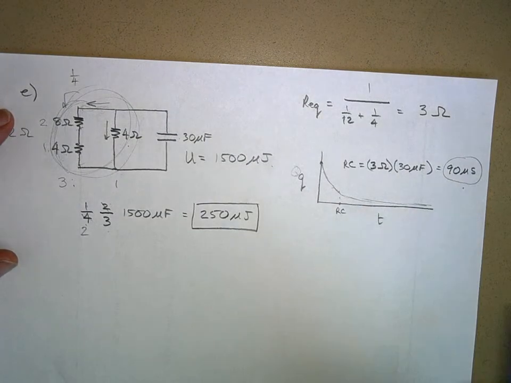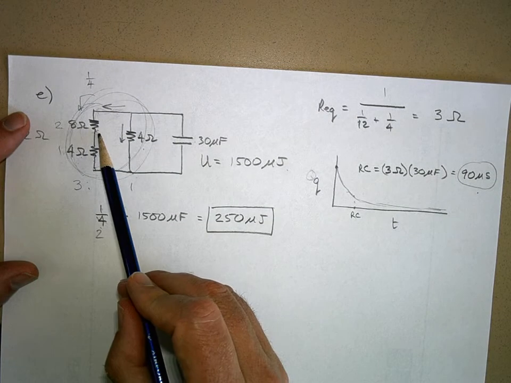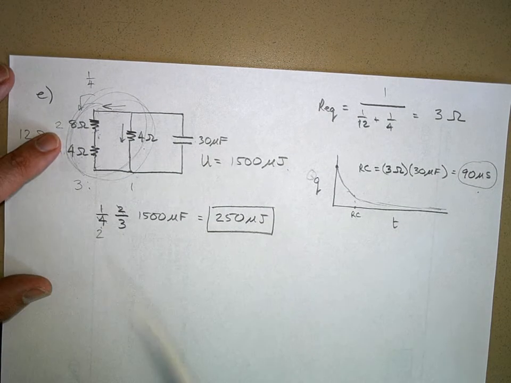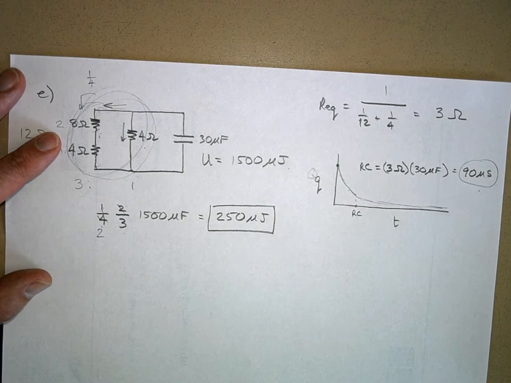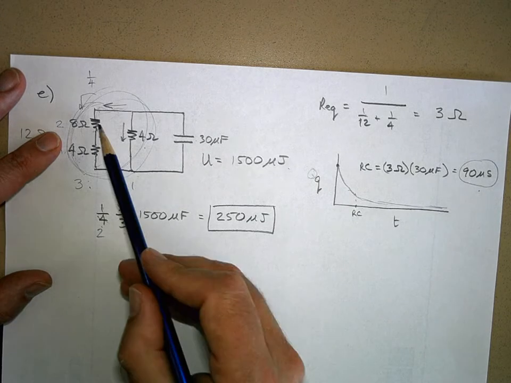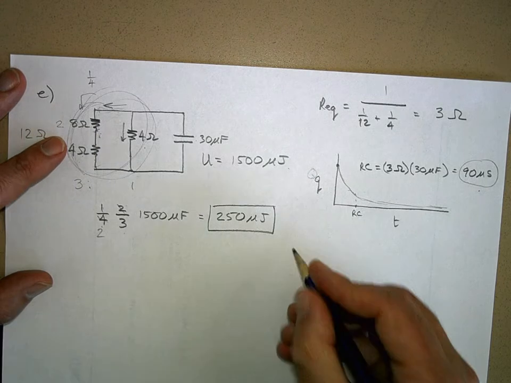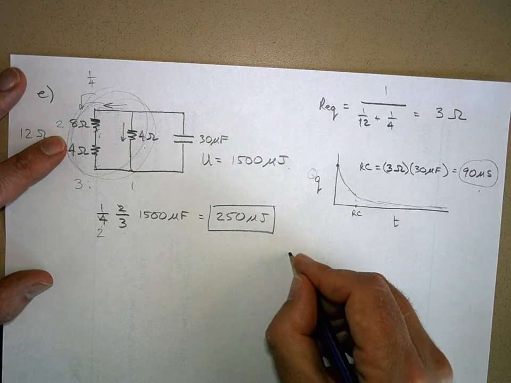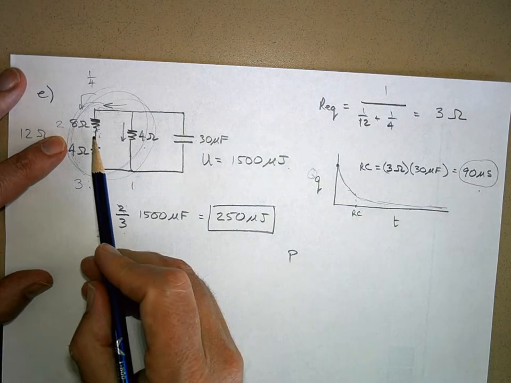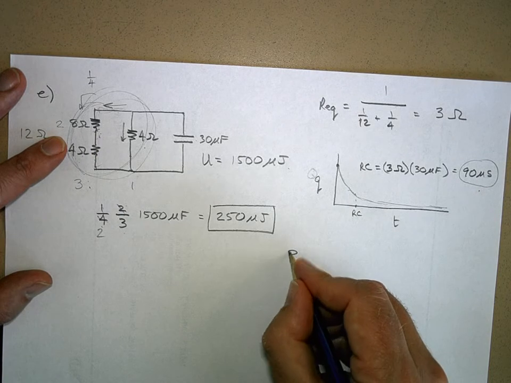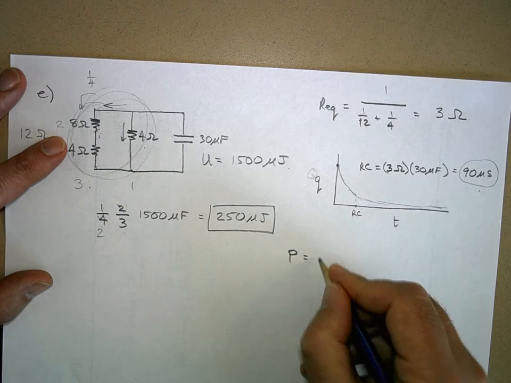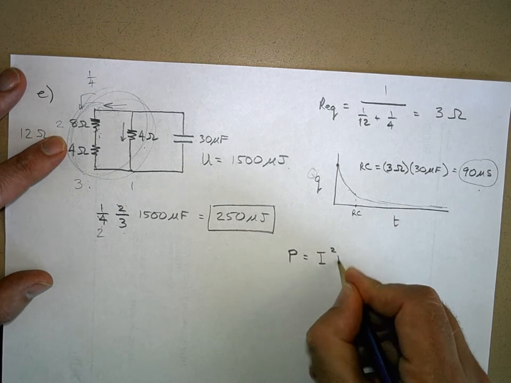Now, going back to the energy dissipated here, I'm going to show you a very sophisticated but very rigorous way of doing it. This is going to have a certain current flowing through it, and the power out of that 8 ohm resistor is going to be equal to I squared R, where R in this case is 8 ohms.